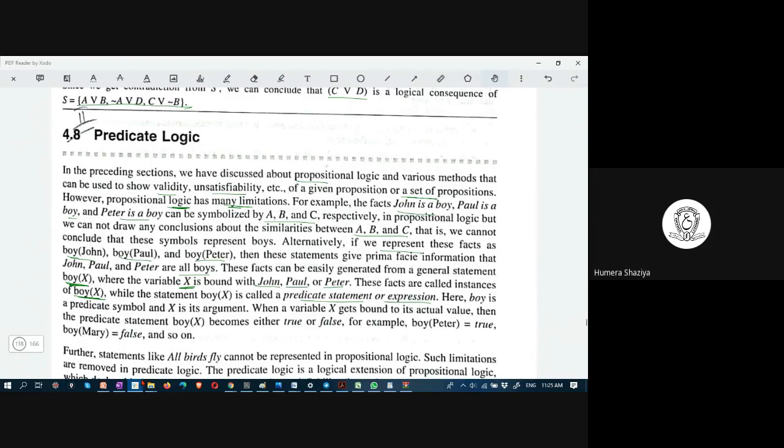Boy is known as a predicate symbol and X is called an argument. And this boy of X will evaluate to either true or false. Boy of Peter is true. Boy of Mary is false because Mary is not a boy.